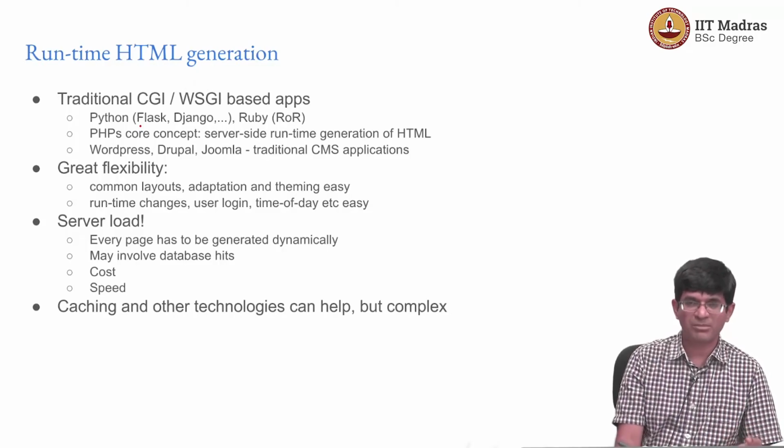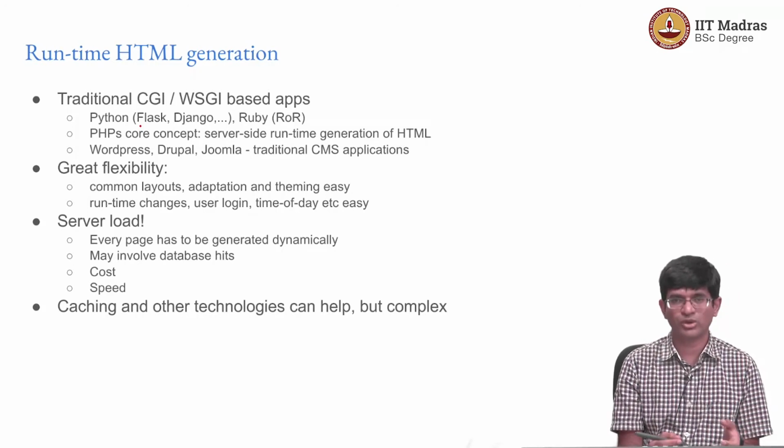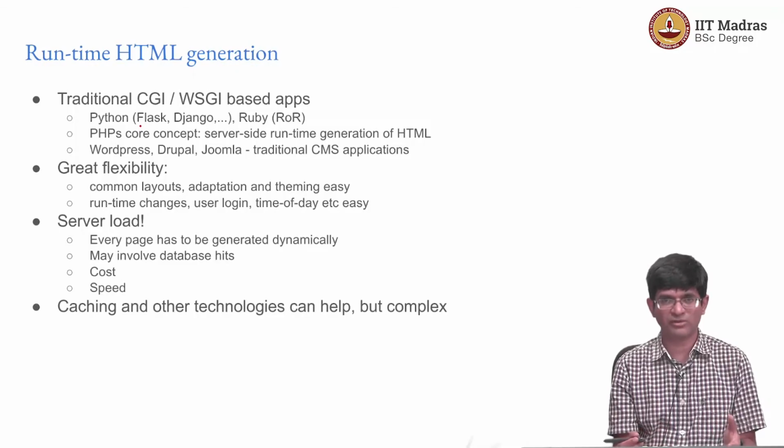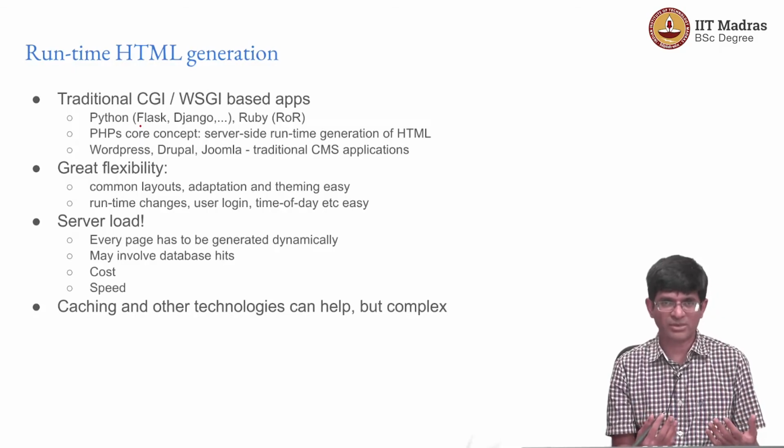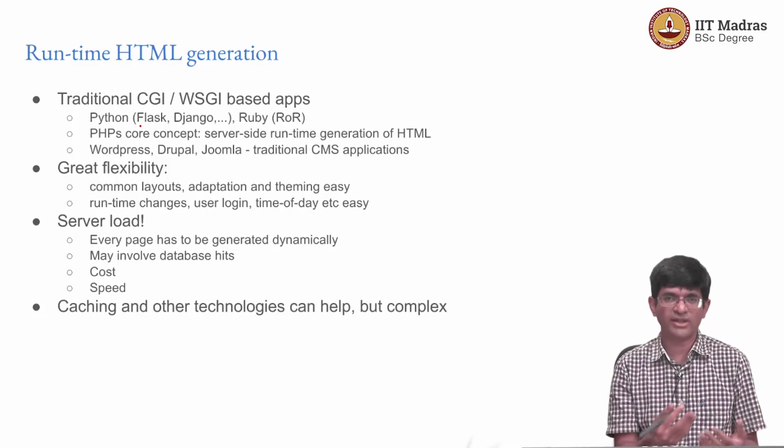Okay, every page is generated dynamically, and there's a good chance that many of those dynamic pages involve hits to a database, right? So not only do you have a problem of getting a suitably powerful database server, you also have the problem that you can't have multiple server front ends which accept requests from clients, because then they would all need to talk to the same database and the database might become the bottleneck.